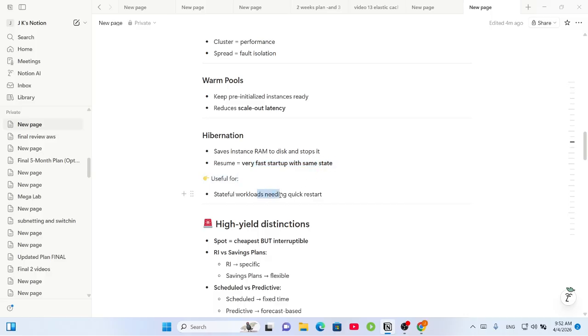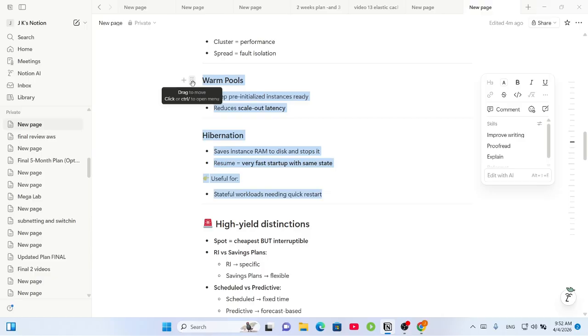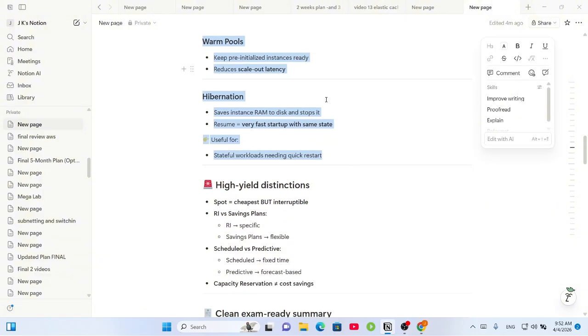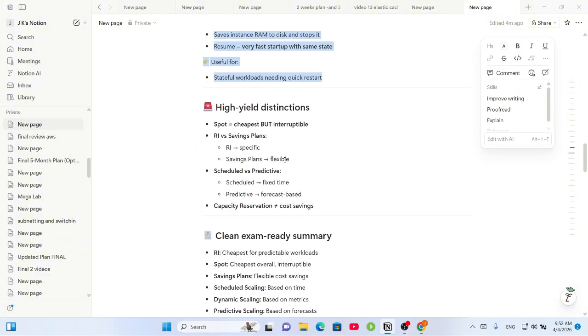Useful for stateful workloads needing quick restarts. This is just to reduce the time it takes for your instance to start. Warm pools and hibernation, we have to understand these things.